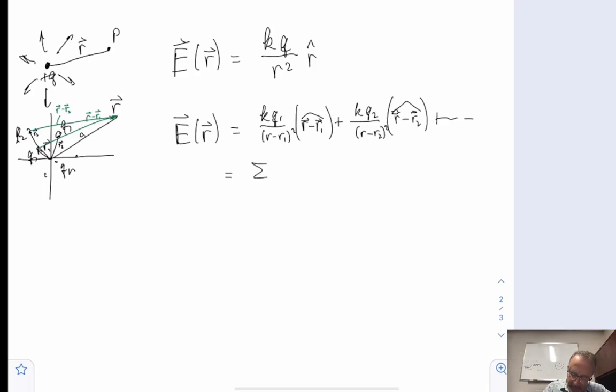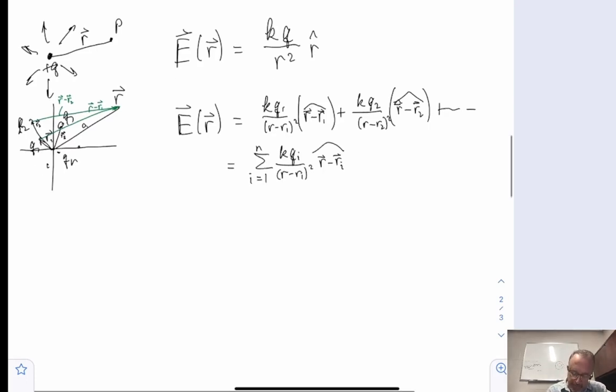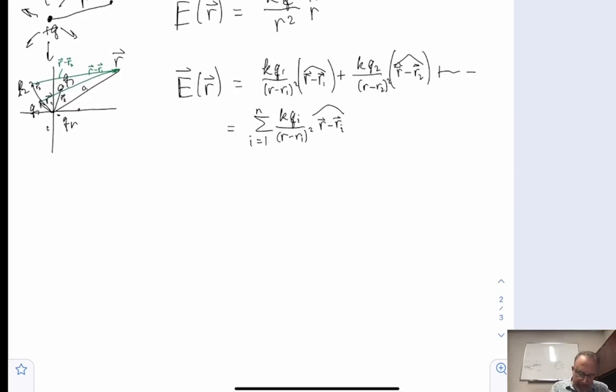So basically it's the sum from i equals 1 to n of k q i over R minus Ri squared in the R minus Ri hat direction.